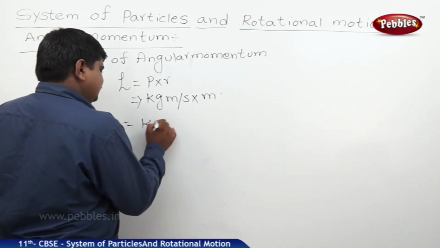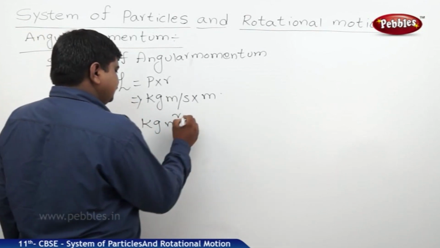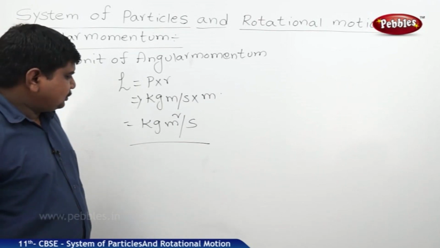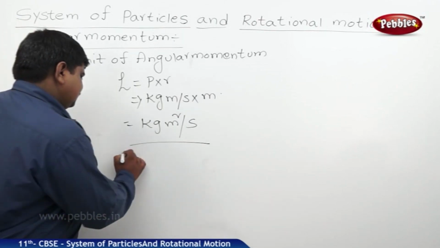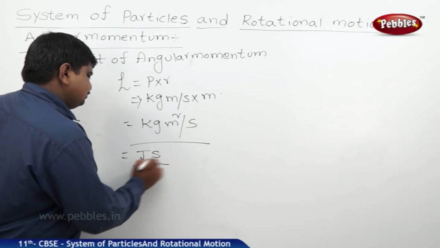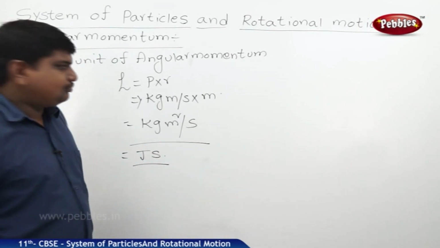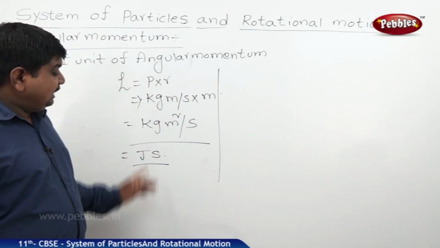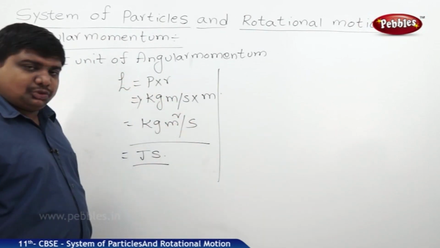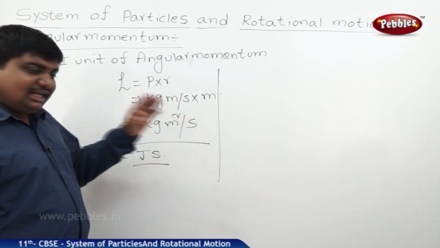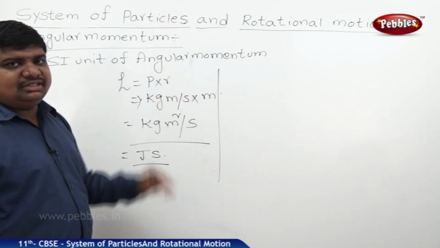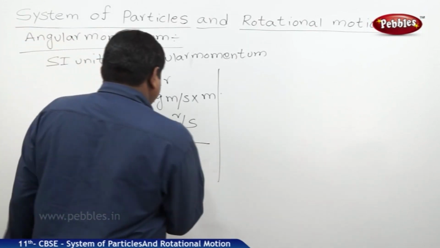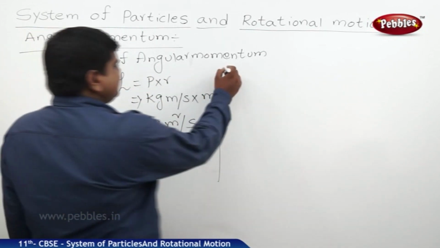So kg meter square per second. So we can write this as joule second also. Why? Because 1 joule is equal to m L square t power minus 2, and here t power minus 1 is already there. We have divided by t power minus 1 again and multiplied by t power minus 1, so it is joule second. In CGS system, erg second.